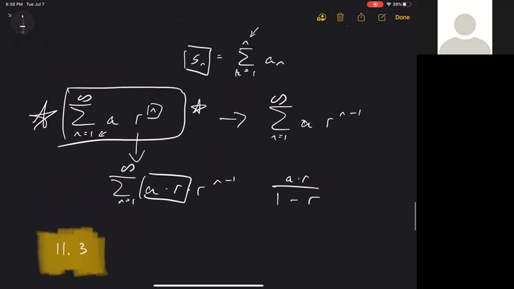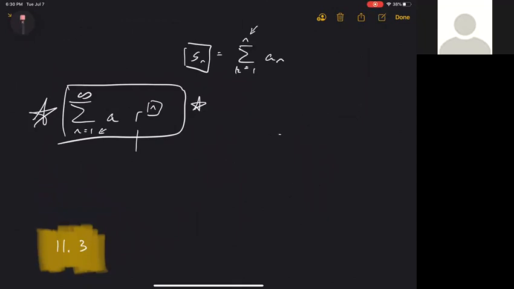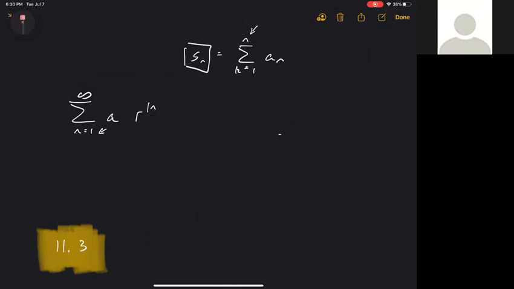So I'll stress again that when you see a geometric series, and maybe I'll ask you to find the sum on the test, make sure that the form of this geometric series matches the formula you have for the sum. Okay, and in particular, make sure this matches and make sure this matches.